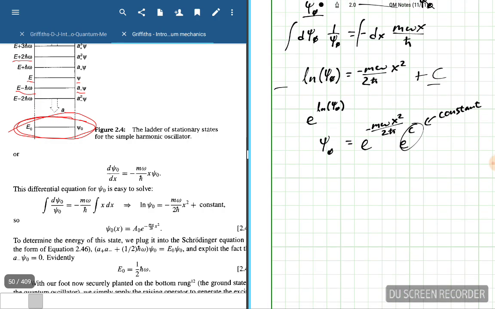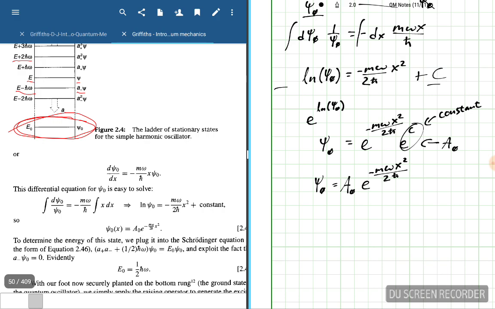Since we were using A before for normalization, we're just going to call it A again. And I'm going to call it A naught because we're talking about psi naught. So we have psi naught equals some normalization constant A naught, because this does have to be normalized, times this guy here, which you'll notice is a nice Gaussian shape.